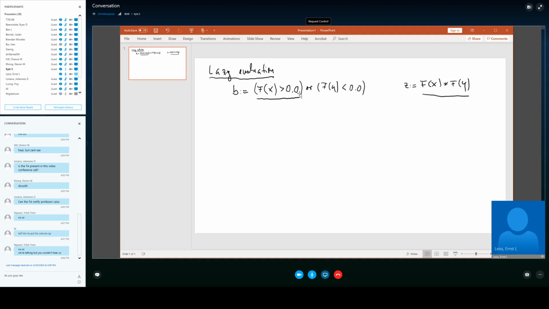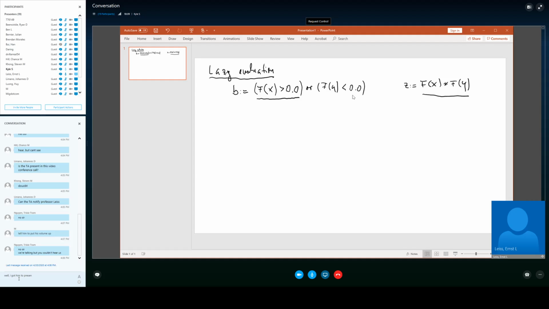So the only time f of y would have to be evaluated is if f of x is not greater than 0. At that point, the first portion would be false, and then the value of the Boolean expression b would be exactly the value of f of y less than 0.